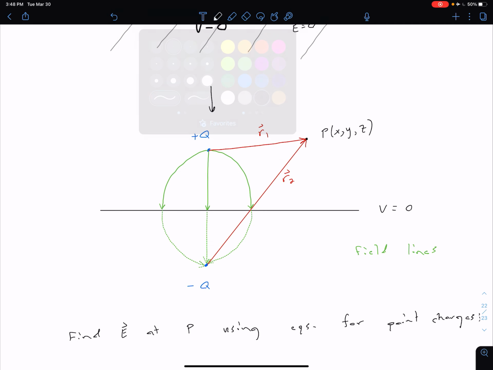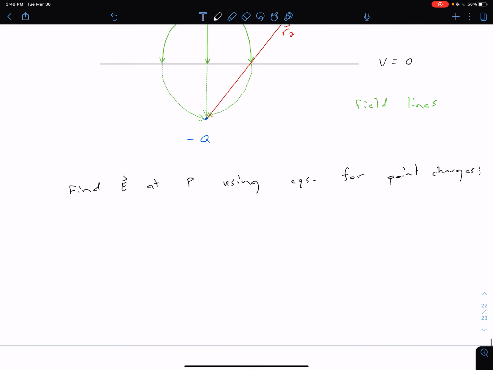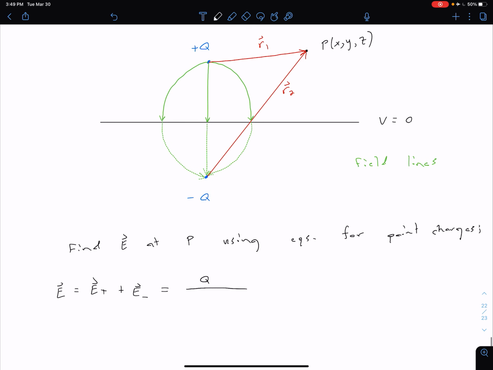All right, so now that we have those defined, we can come down here and say that our total electric field is of course going to be the sum of the electric field from the two point charges, so from the positive point charge, and our electric field from the negative point charge. And so those equations are both going to have the same form. So for the positive point charge, we're going to have the charge, which is q, not our position vector, but our distance vector between the two, which is going to be r1, divided by 4 pi epsilon.